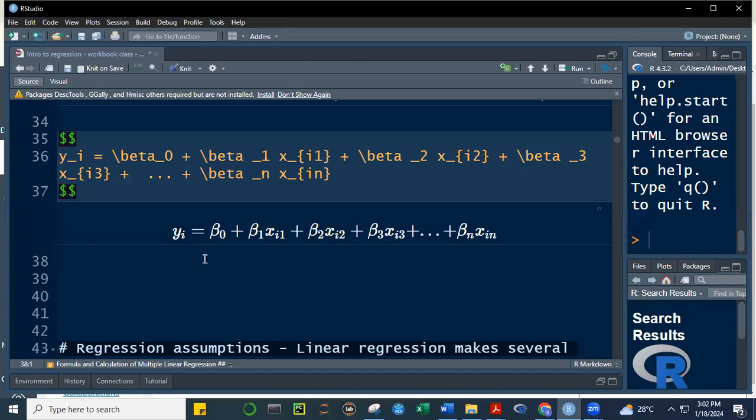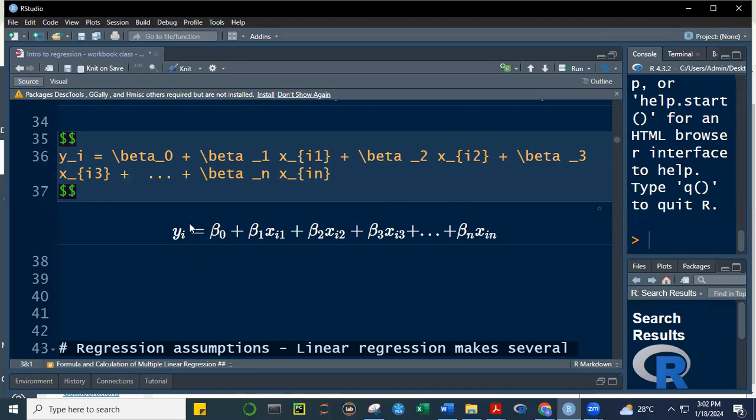And then we run a regression model, and we are able to solve for beta null, beta 1, etc. Here there are n predictors, explanatory variables, or independent variables.